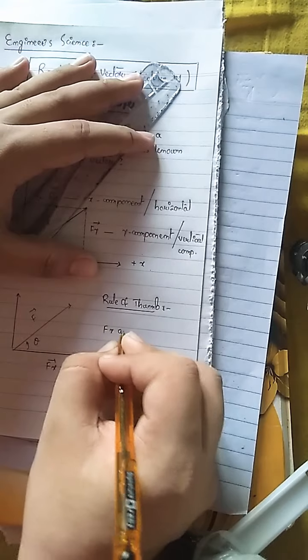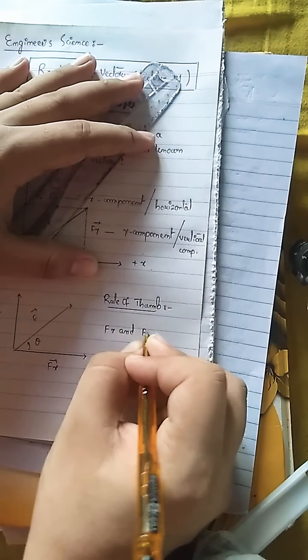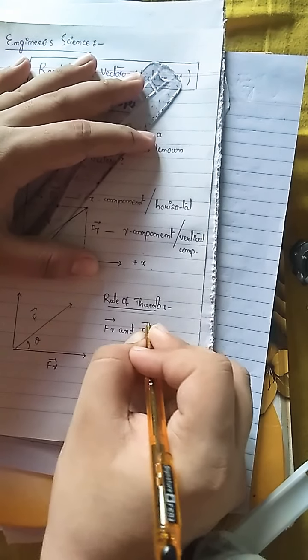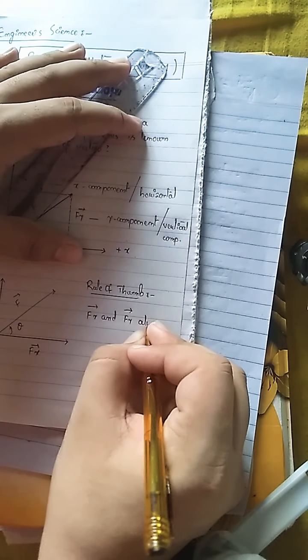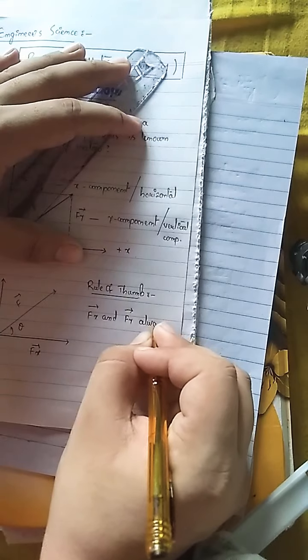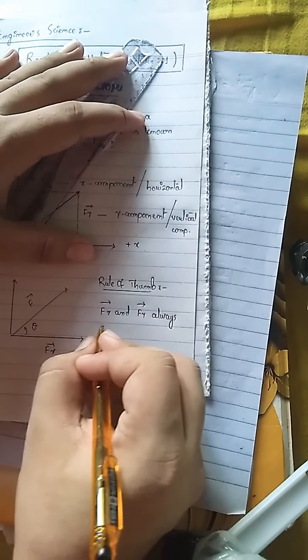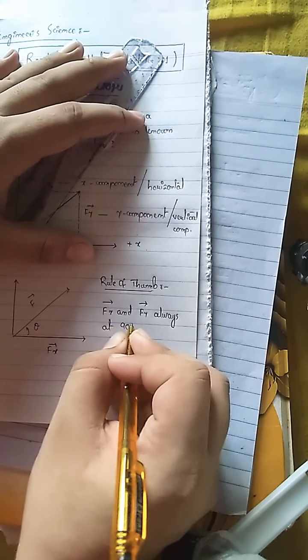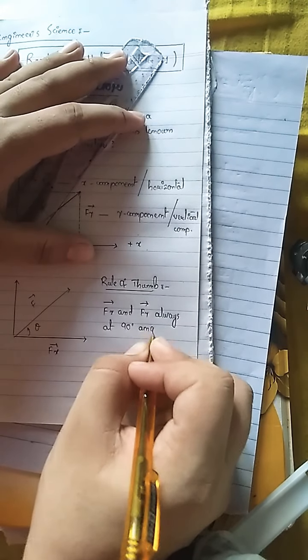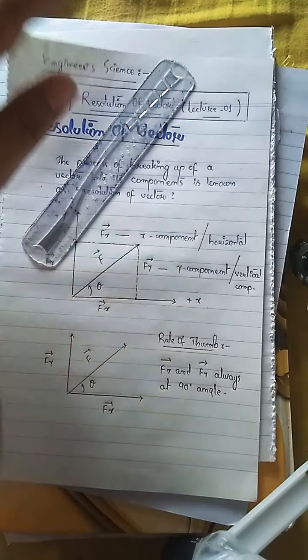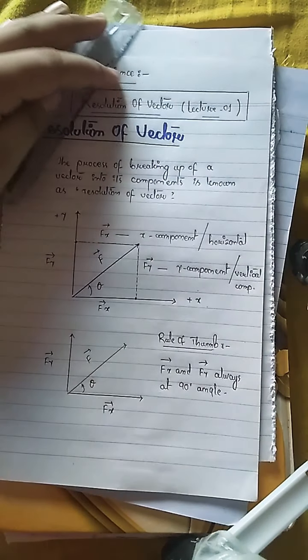Fx and Fy, meaning the x component of the vector and the y component of the vector, are always at a 90 degree angle, meaning they are always perpendicular to each other. So this is the basic concept of resolution of vector.